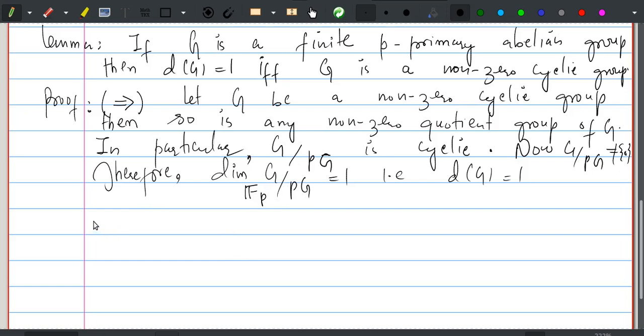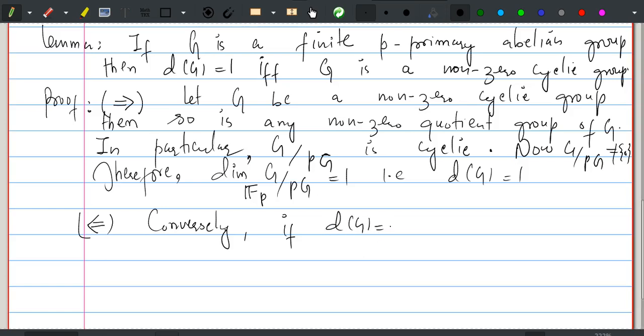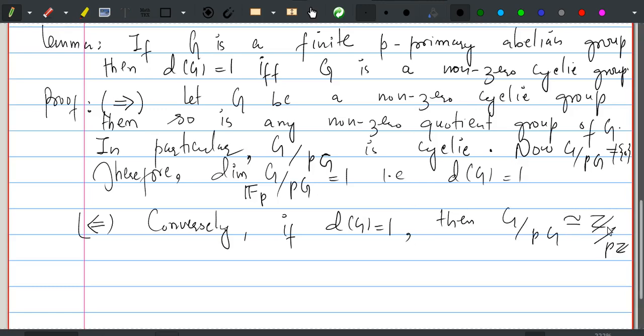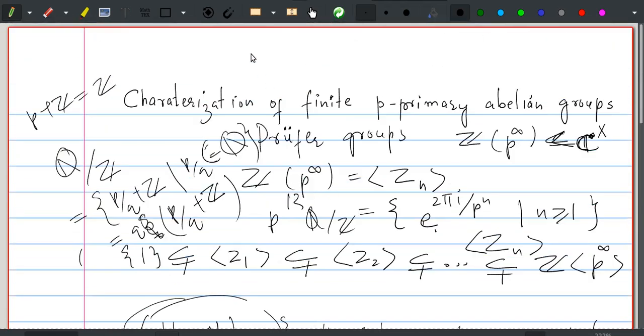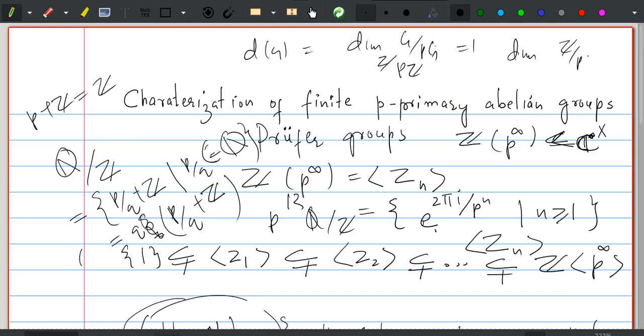Now let us prove the other direction. So conversely, if d(G) is equal to 1, then G/pG is isomorphic to Z/pZ, because if this d(G) is equal to 1, that means the dimension of G/pG over Z/pZ is 1, but at the same time the dimension of Z/pZ over Z/pZ is also 1.